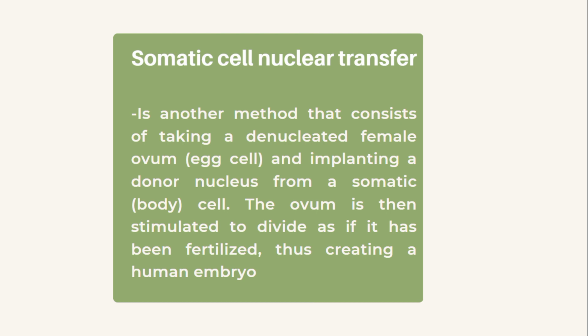Somatic cell nuclear transfer, in simple terms, is a scientific technique where the nucleus containing genetic material of a somatic cell, any cell in the body except sperm and egg cells, is transferred into an egg cell that has had its nucleus removed. This process creates a new cell that has the genetic material from the somatic cell. The resulting cell has the potential to develop into an embryo and, under certain conditions, can be used for research purposes or to create cloned animals.